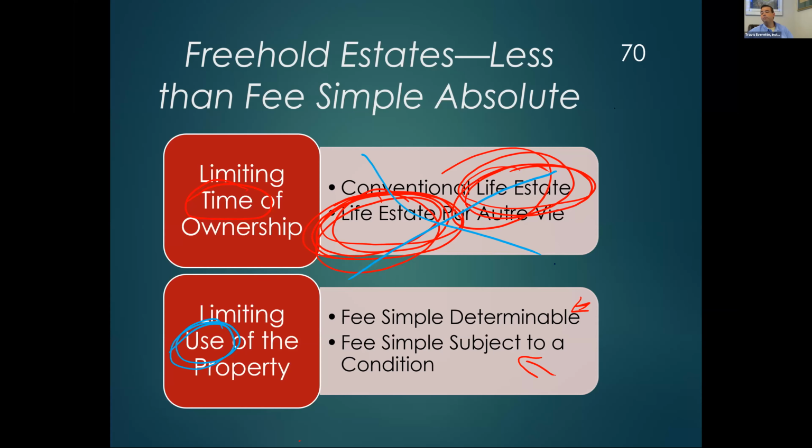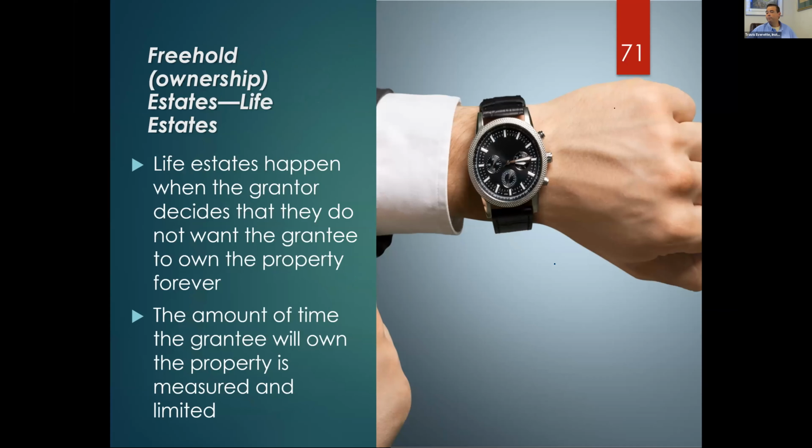Okay. So now that I've marked all over that, let's talk about these life estates. What do we say? Life estates were a limitation of what? Time. Time is not on your side when you have a life estate. As a matter of fact, time is definitively against you when you have a life estate.